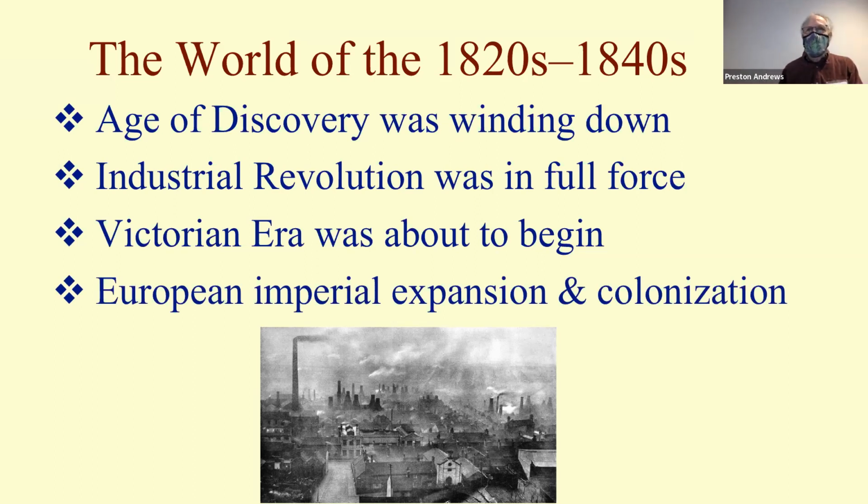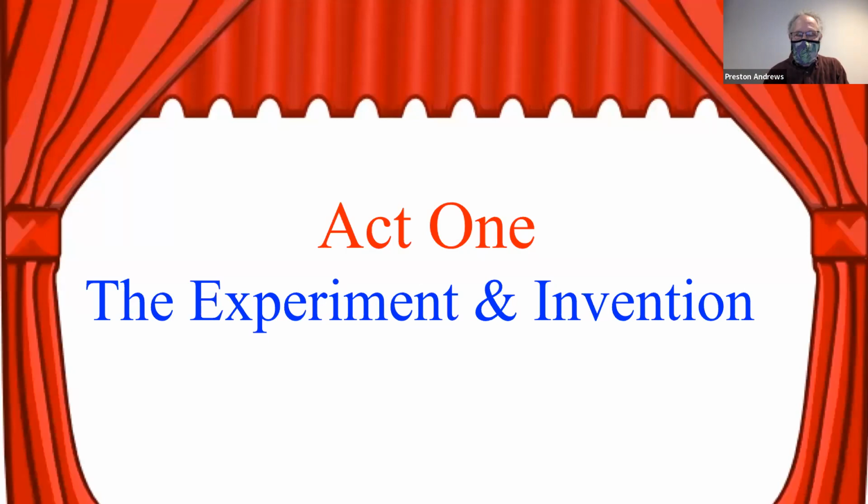This is a story about imperialism and colonization, and you'll hear what that means. So Act 1, the experiment and the invention. You'll learn very quickly about what this was.